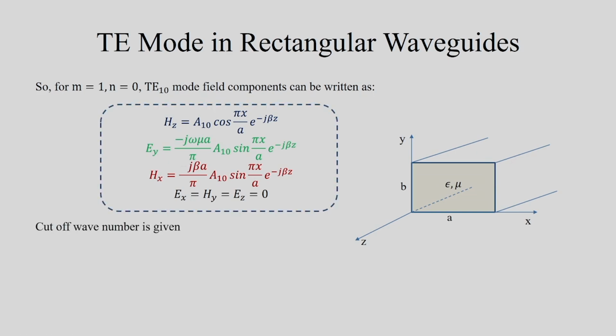So, we can find out the cutoff wave number. So, k c becomes pi by a and beta becomes root of k square minus (pi by a) whole square.